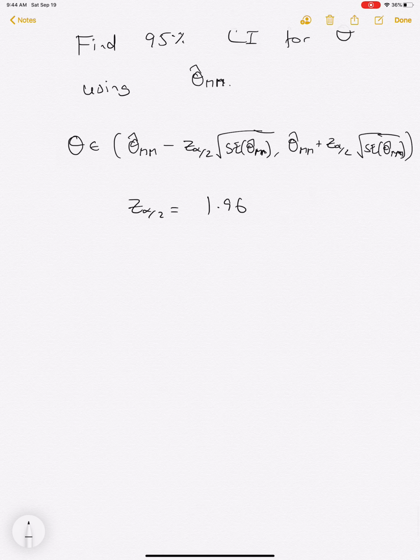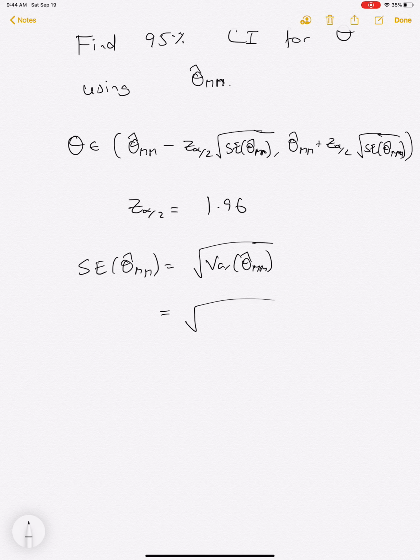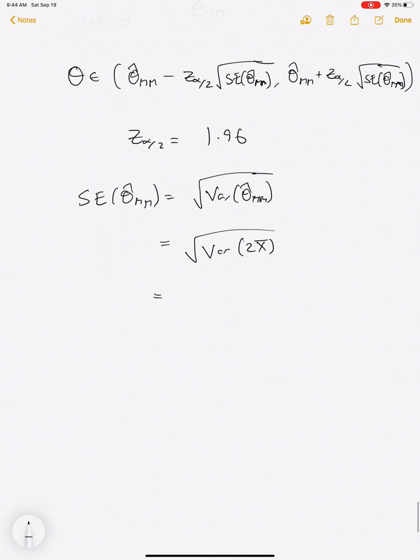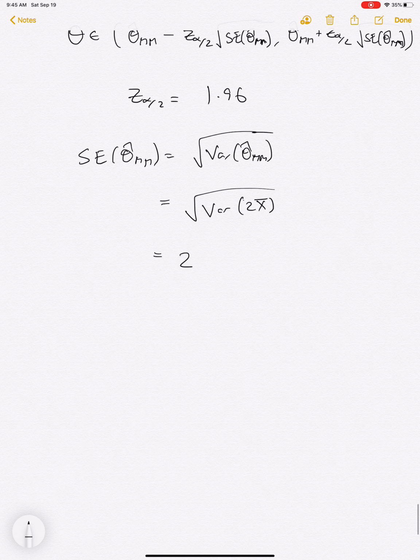And if we want the SE, the standard error for theta hat, that's going to be just the square root of the variance of theta hat, and so that's just the square root of the variance of 2 x bar, which is 2 times the square root of the variance of x bar.